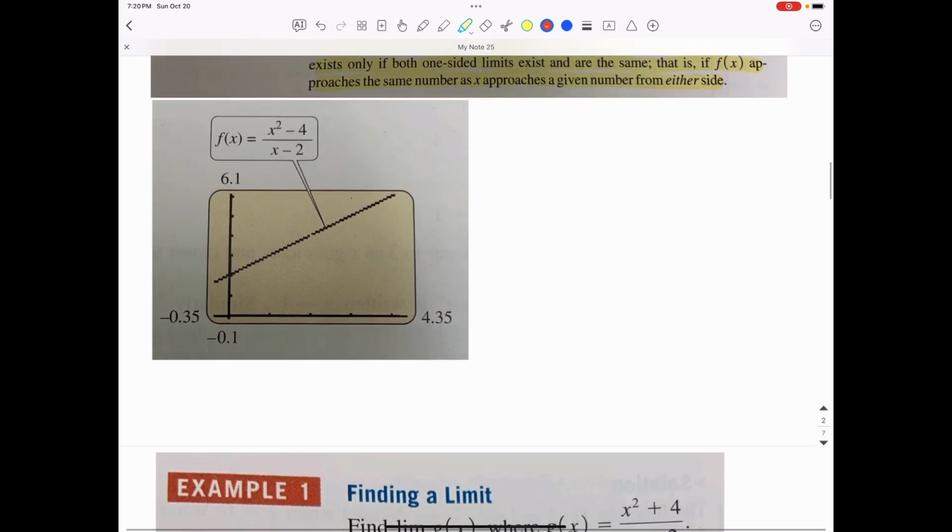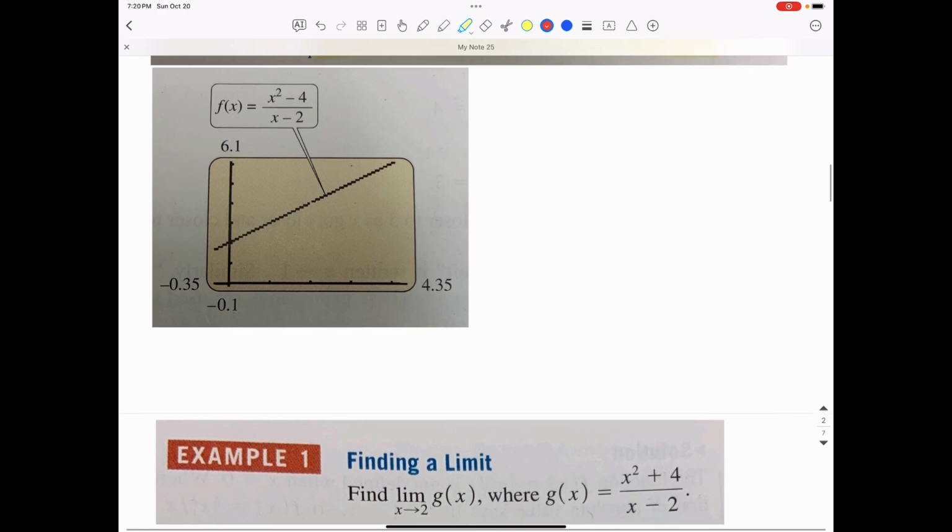So you can see here why the limit as x approaches 2, again, that notation would be the limit as x approaches 2 of the function f of x. And that function, I'll go ahead and write that in, was x squared minus 4 over x minus 2. The reason that limit exists and was approaching 4 is because x squared minus 4 over x minus 2 actually isn't simplified.